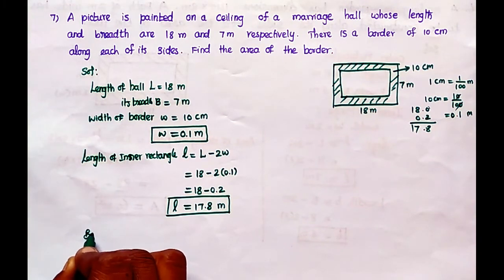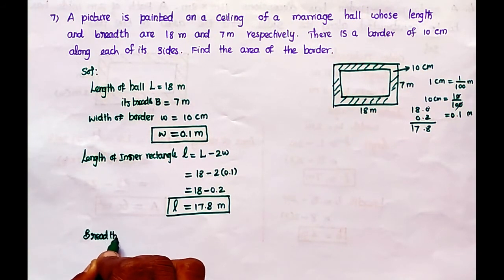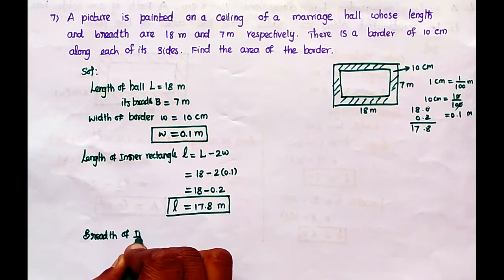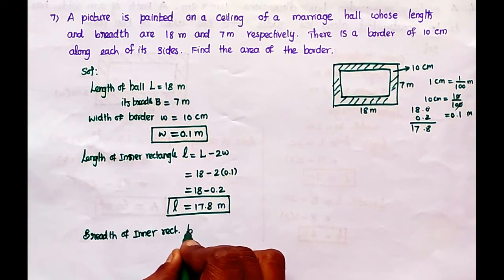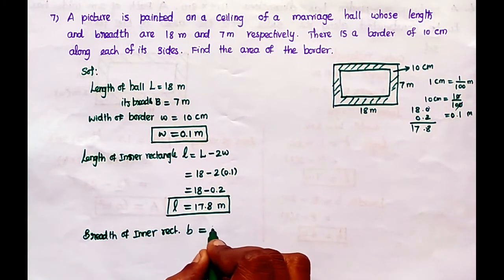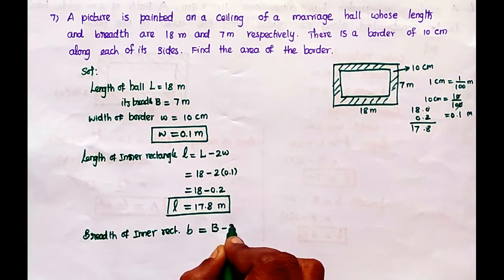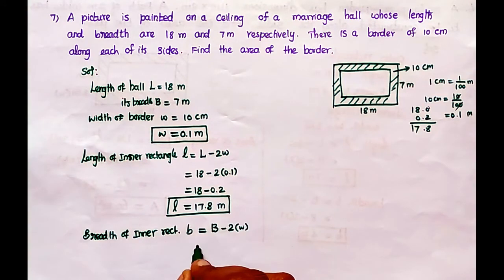And now the breadth of the inner rectangle. Small b equals B minus 2 into W. We know that 2 into W is 0.2.